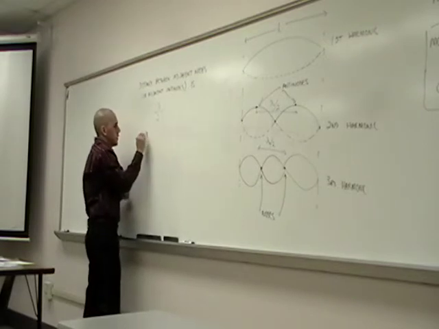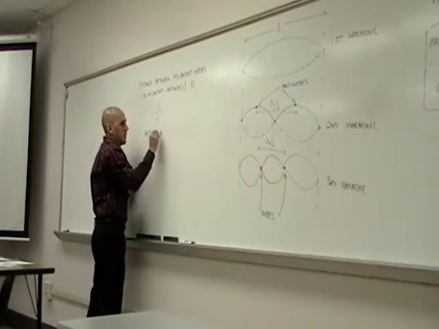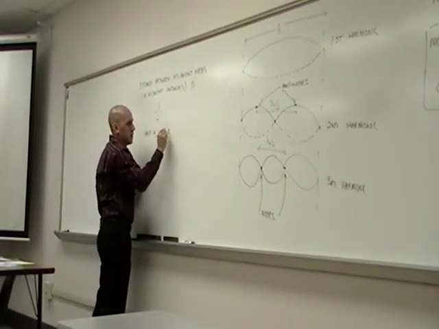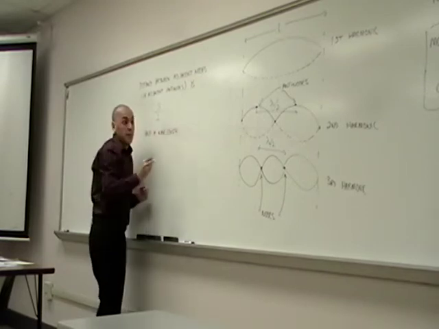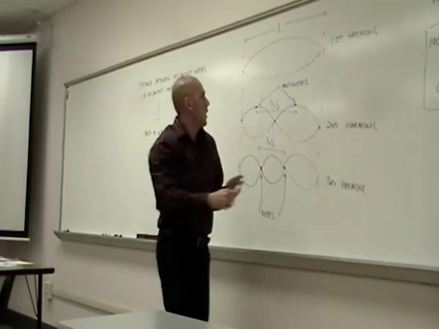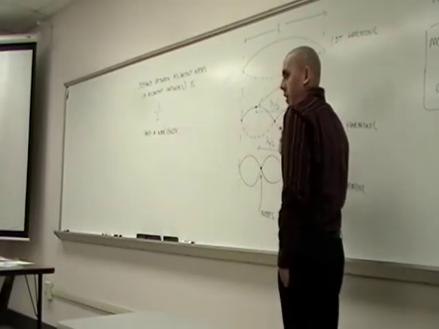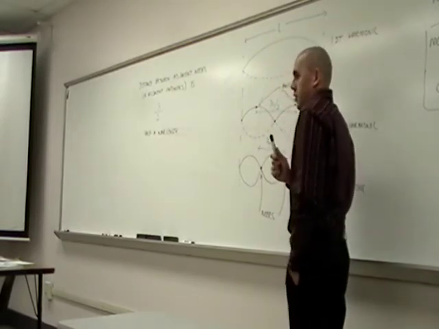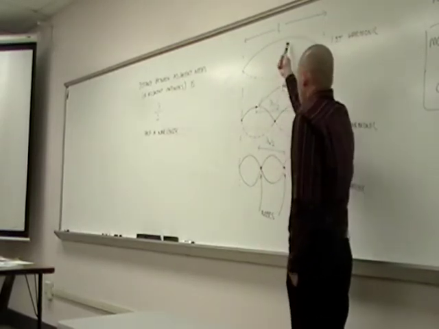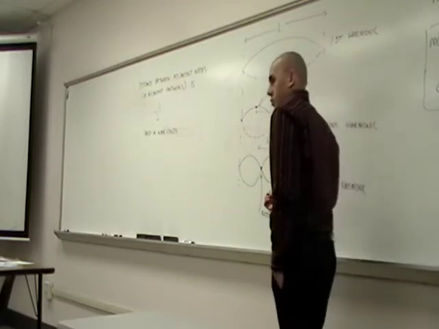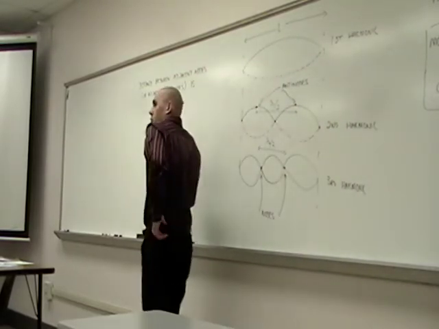This is just half a wavelength. The wavelength is obviously different in this pattern, this pattern, and this pattern. Does it get longer or shorter as I go down from the first to the third harmonic? Shorter. So each pattern has a different wavelength.